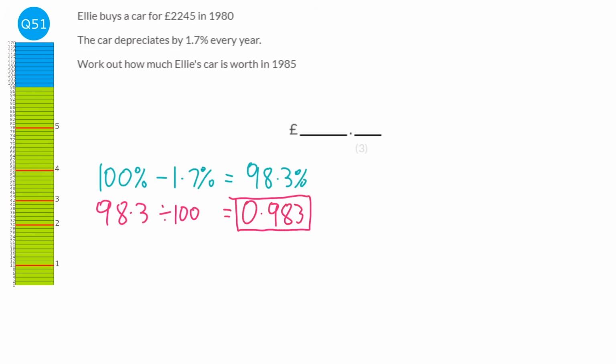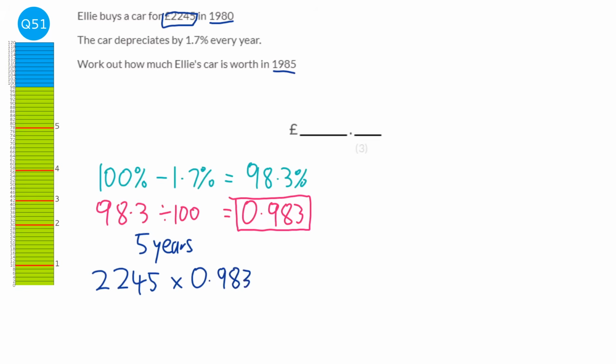And the beautiful thing about a multiplier is we just need the number of years. Well, it says from 1980 to 1985, so that's going to be 5 years. And so what we do is we get the original amount, which was 2,245, and times it by the multiplier 5 times.